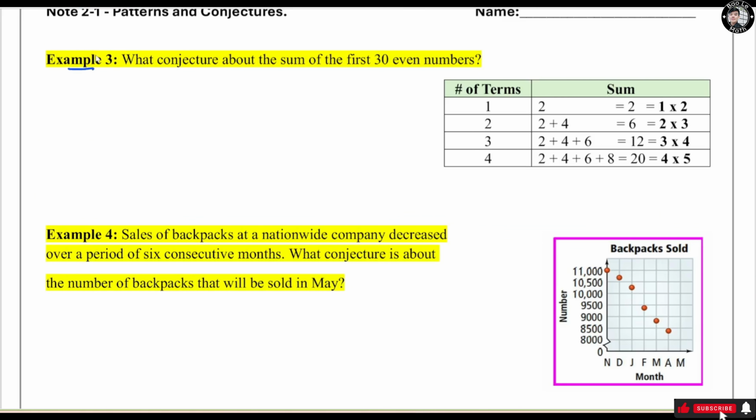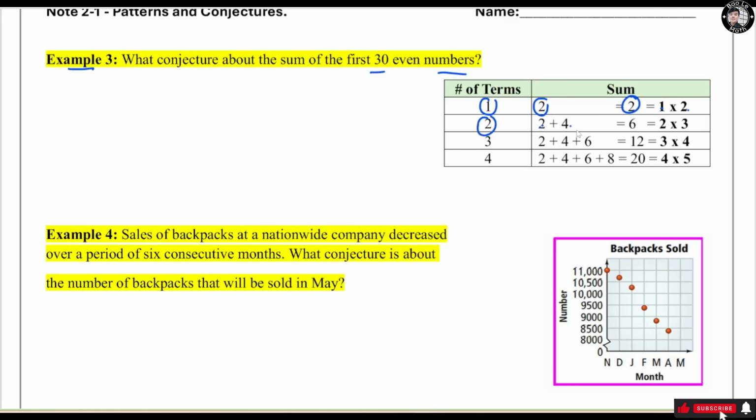Example number 3. What conjecture about the sum of the first 30 even numbers? Alright, look at this table right here. Number of terms. If you have one even number, it could be 2. The sum should be 1 times 2 equals 2, right? If you have 2 even numbers, it could be 2 and 4.